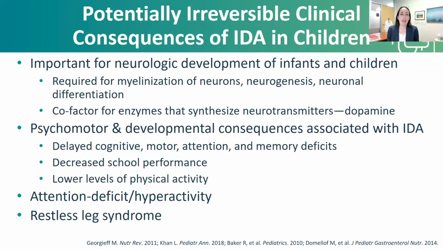So you can have effects on cognition, motor function, attention and memory deficits, and decreased school performance. This has been seen in adolescent girls that have been tested, and lower levels of physical activity are seen in adolescents and even adult workers. There are concerns for the impact on attention deficit and hyperactivity, and then sleep and neurologic conditions, including restless leg syndrome. So a lot of global impacts of iron deficiency.